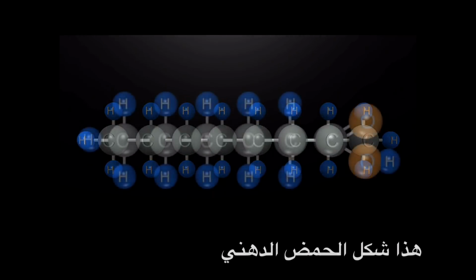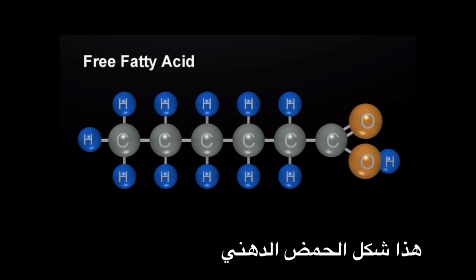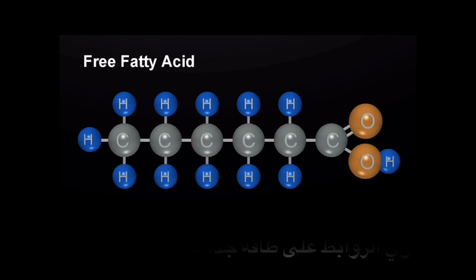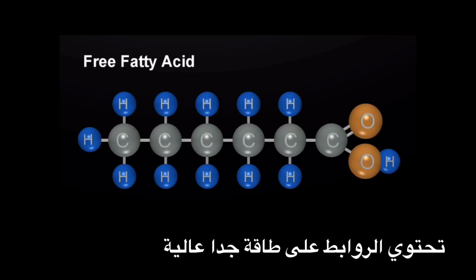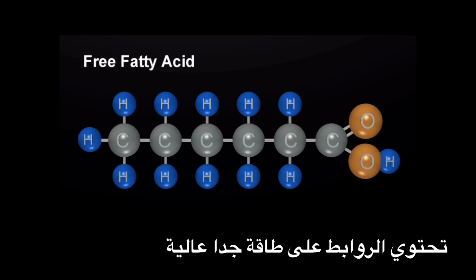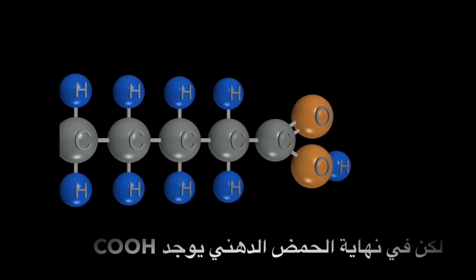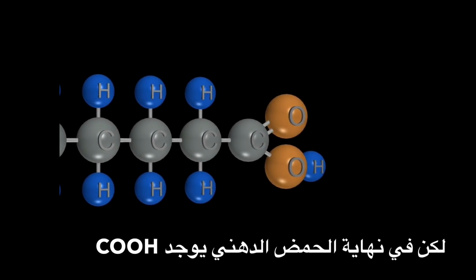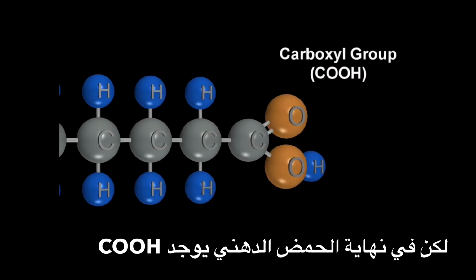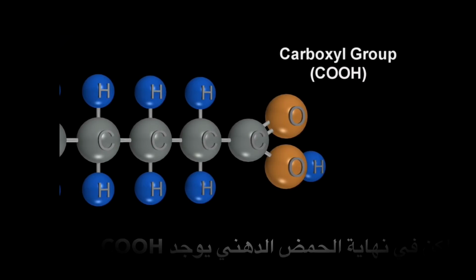If we look at fat, this is what a free fatty acid is. It looks just like that series of hydrocarbons that I just showed you, which we know has a tremendous amount of energy. We use the same type of chemical bonds to provide fuel and energy for our own bodies. The only exception is on the far end, instead of having a hydrogen atom, we have this carboxyl group, which is COOH.